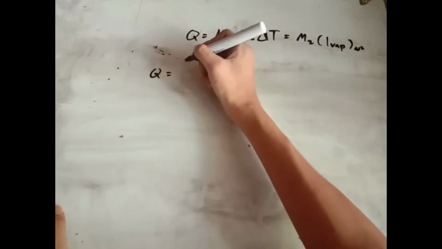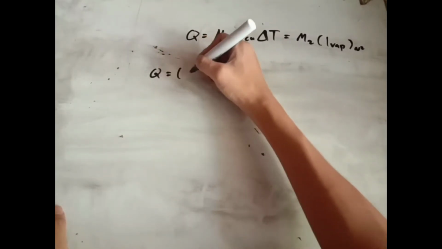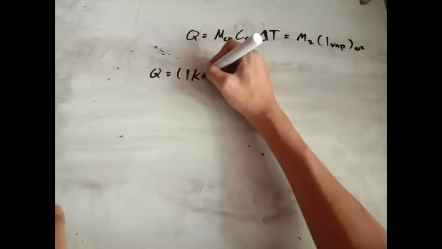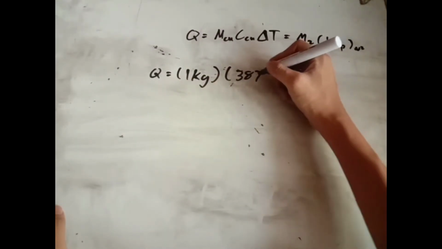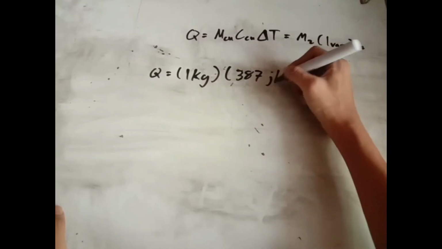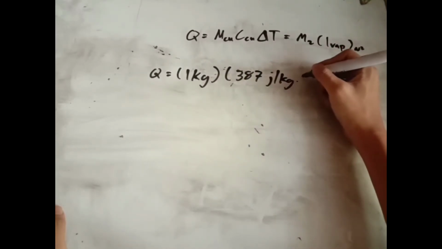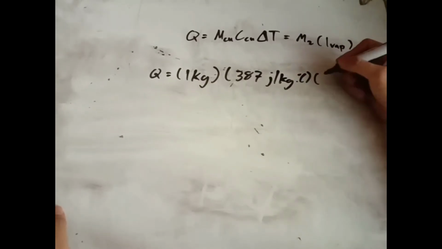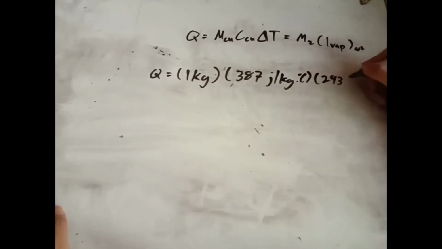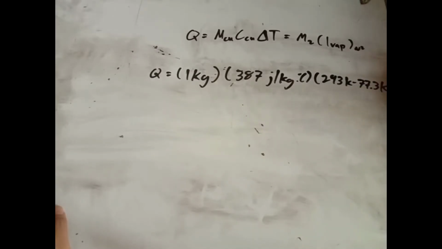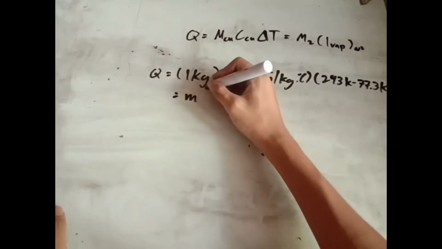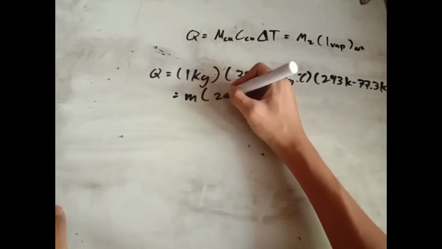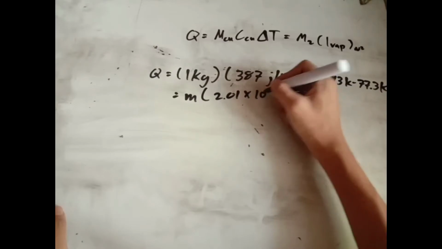So if we substitute all of this, we will have 1 kilogram times 387 joules per kilogram degree Celsius times 293 Kelvin minus 77.3 Kelvin is equal to mass times 2.01 times 10 to the power of 5 joules per kilogram.